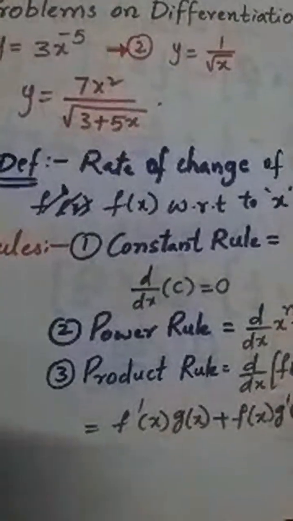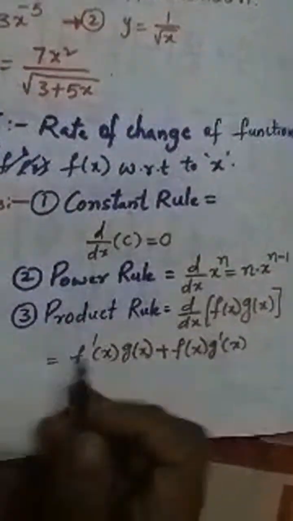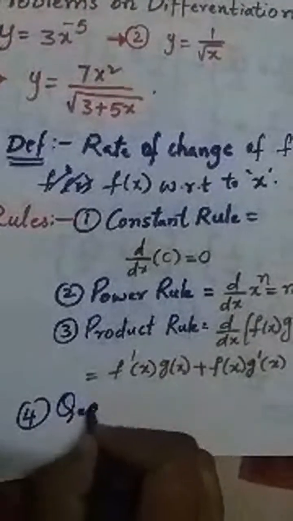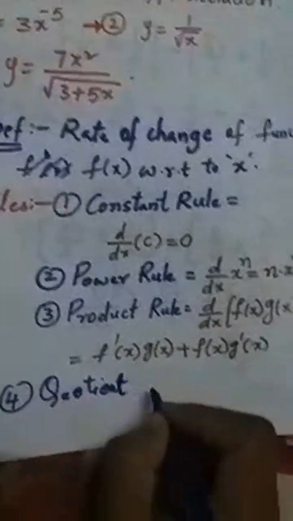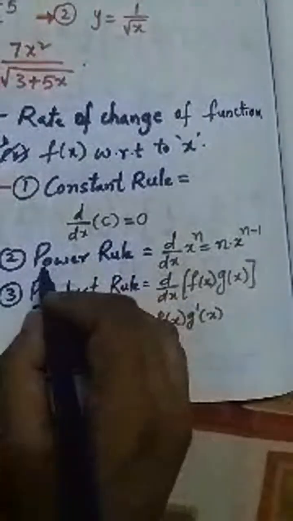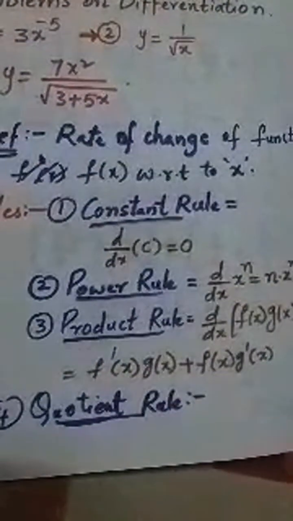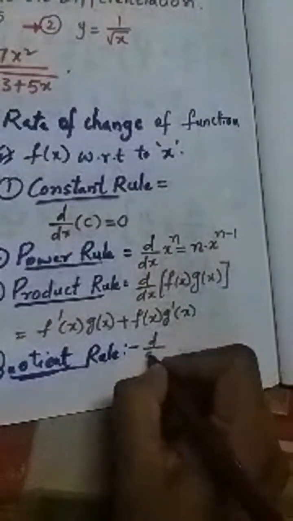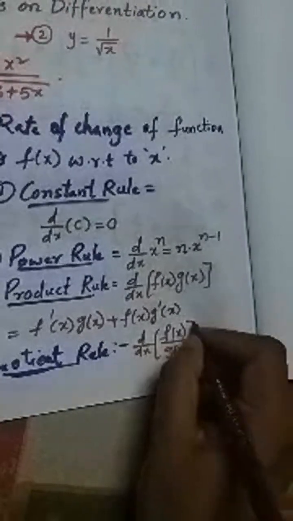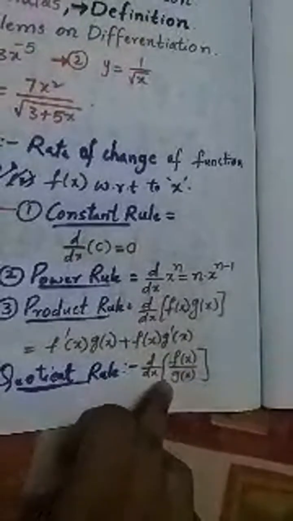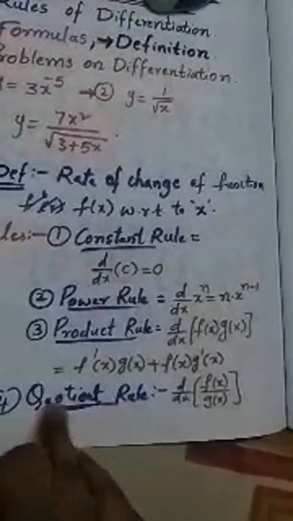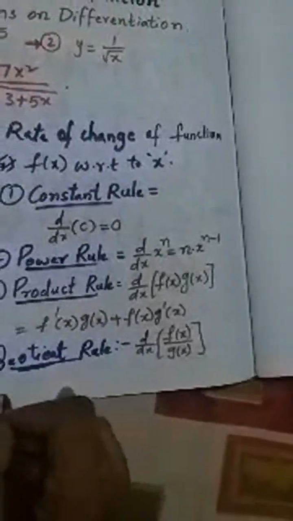And next two rules. What is the quotient rule? Quotient means the division of two functions, d by dx of f of x by g of x. If it is given in the form of f of x by g of x, we have to use the quotient rule. What is that?